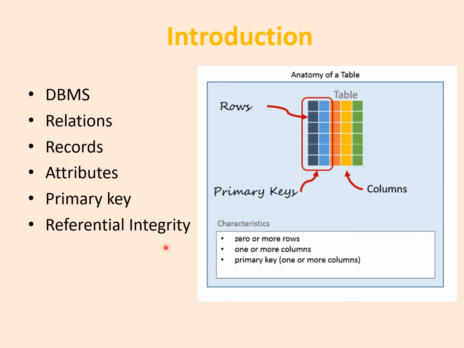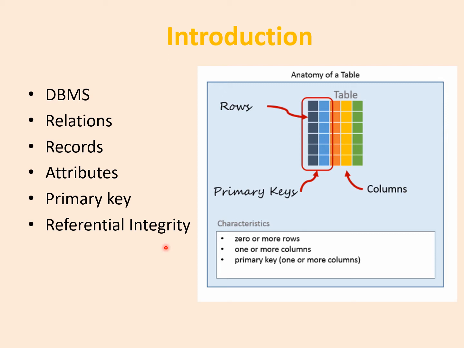So here you just remember that DBMS is concentrating on the relational DBMS structure, that is, data is stored in the format of a table. Each row of a table is treated as a record, and each column is treated as an attribute. Mainly two constraints are specified in a table: primary key and referential integrity.